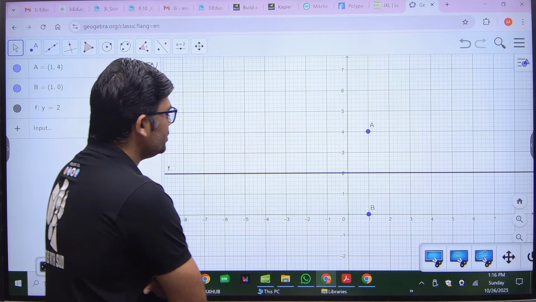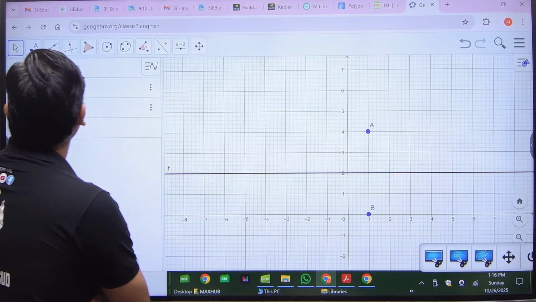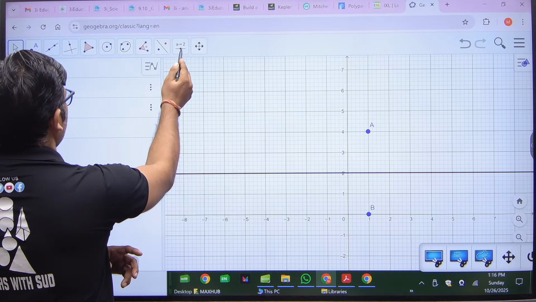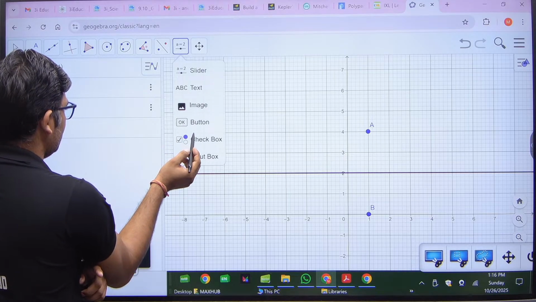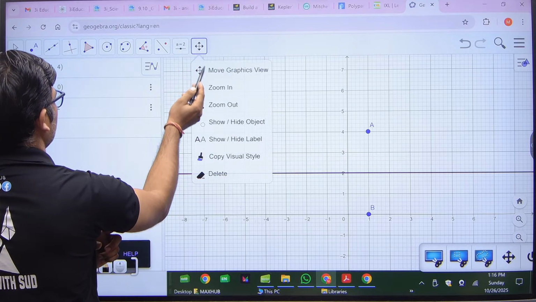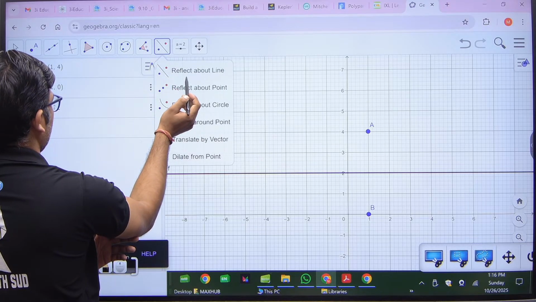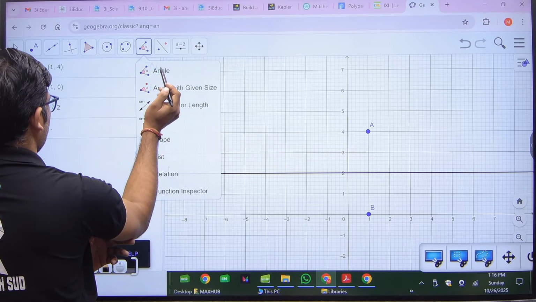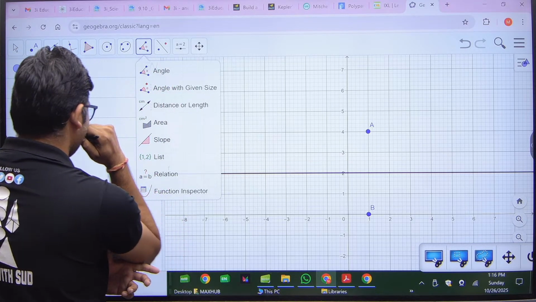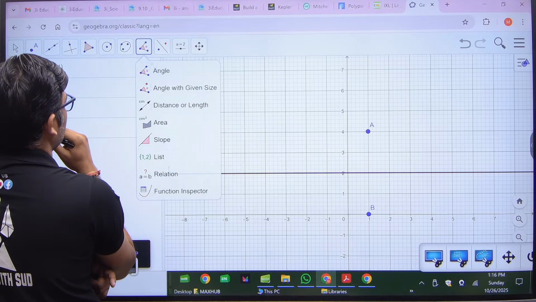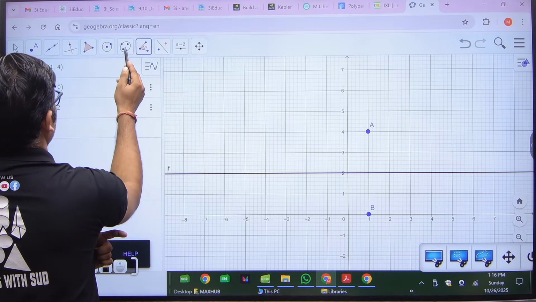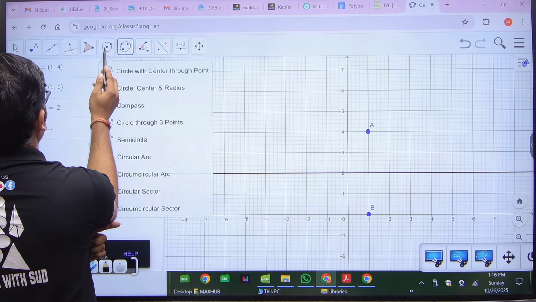Now they are asking us to shade the area. So is shading allowed here? Image button, check box. Shading, shading.